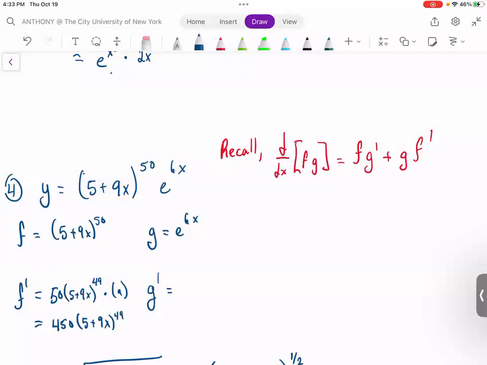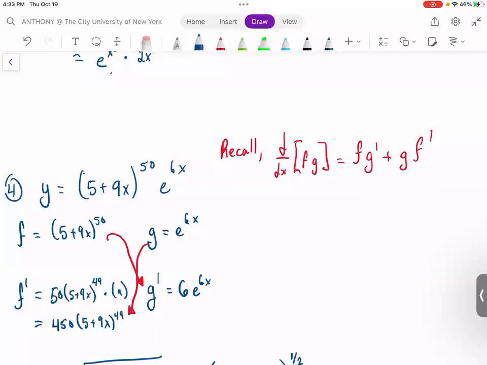And now, if you have g is equal to e to the power of 6x, this is going to be equal to the same function times the derivative of your exponent. So what is the derivative of 6x? 6. So we write 6 e to the power of 6x. Now, informally, it looks like we're going to do a cross multiplication. You do f times g prime, and then g times f prime.